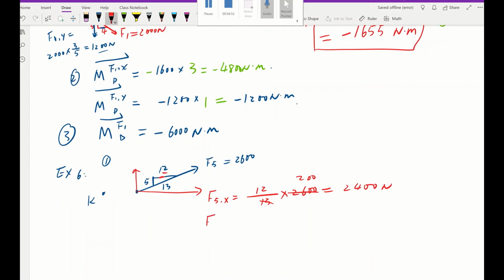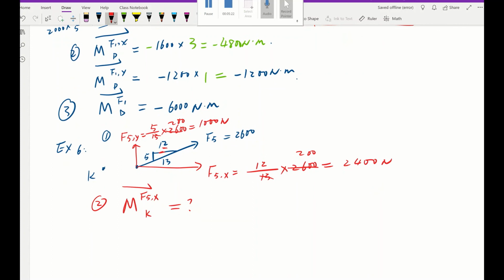Now let's look at Y component. That's going to be 5/13 times 2600, and that will give us 1000 Newton. Okay. Then our second step is trying to figure out this X component force rotating about K, and also our Y component of the force rotating about K. Let's look at it.